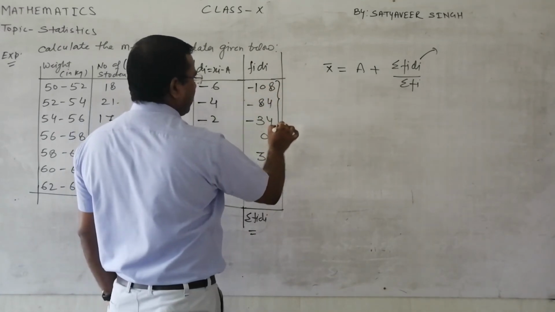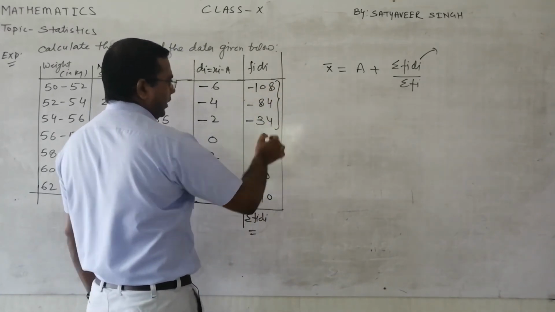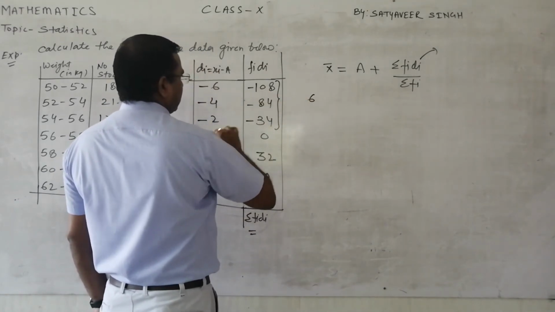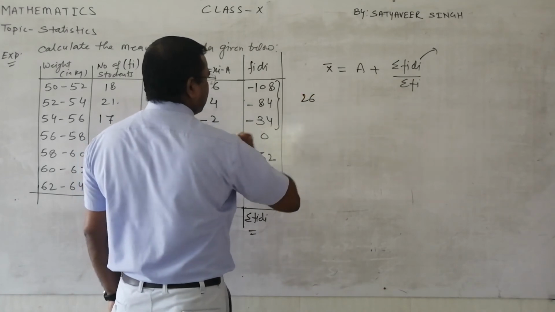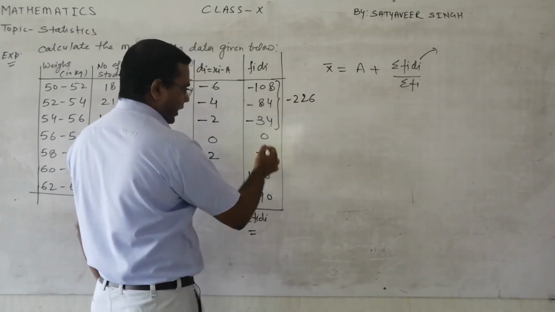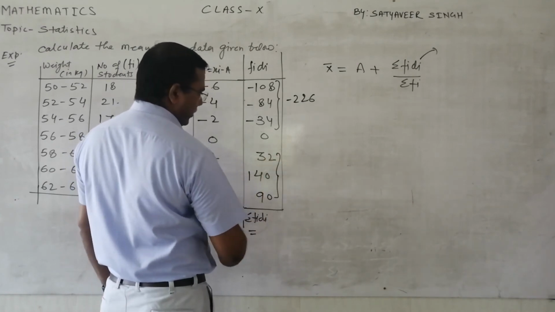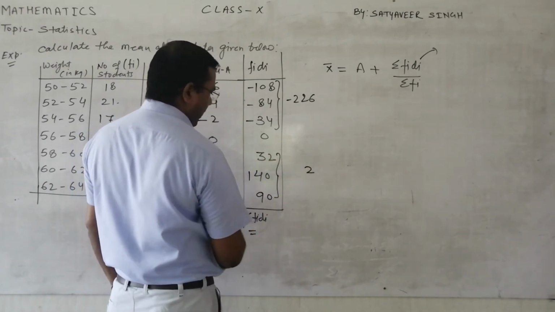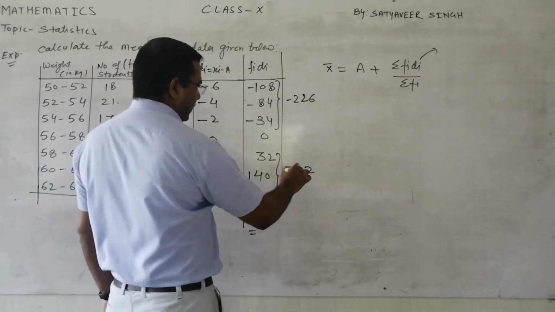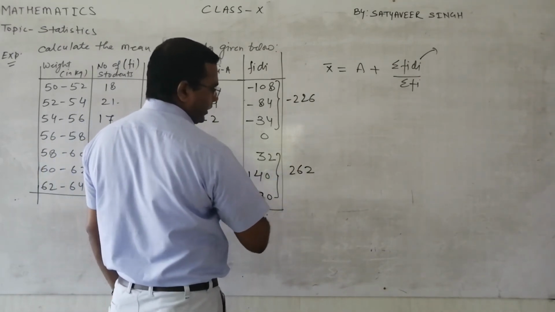So if you add these three negative terms, you will get 226 negative, and when you add the positive terms you will get 262.